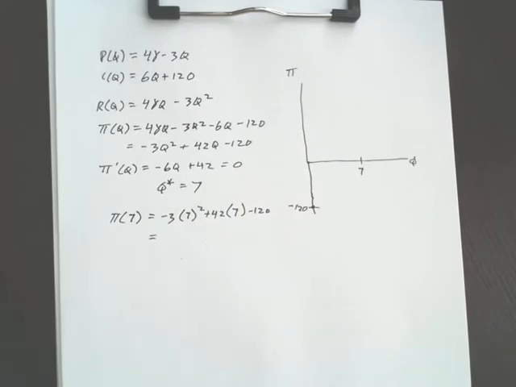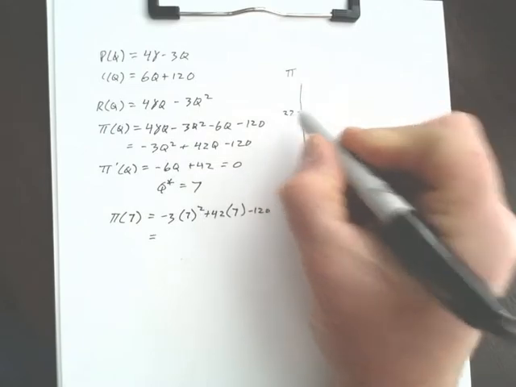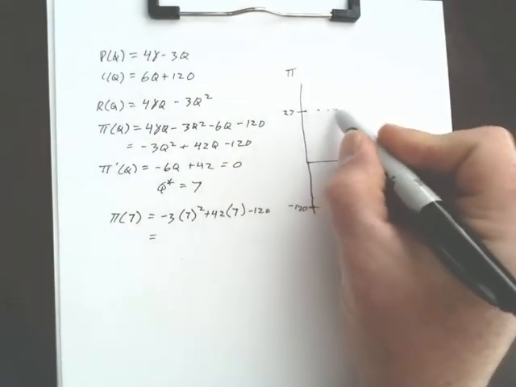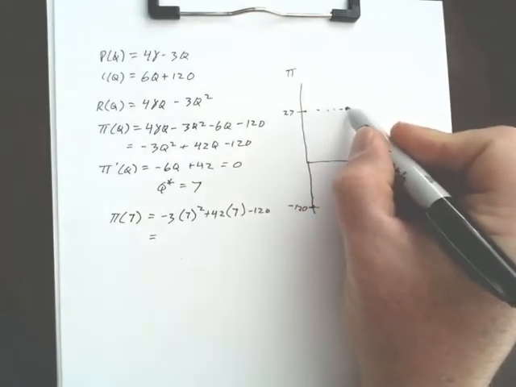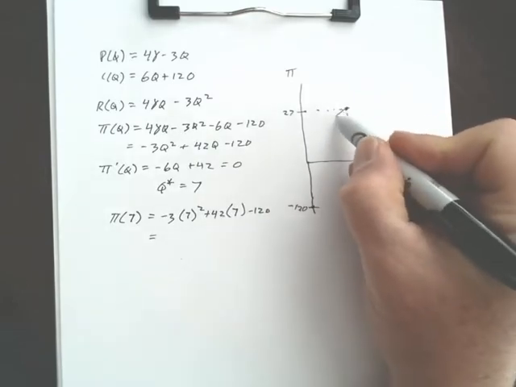Breaking out my trusty calculator, that equals 27. So that's my profit maximizing Q, and that's the profit at that Q.